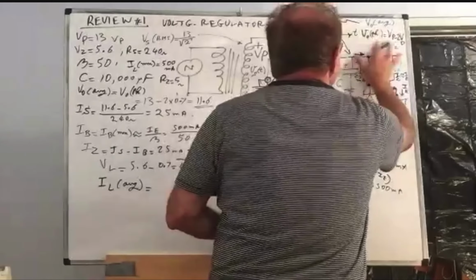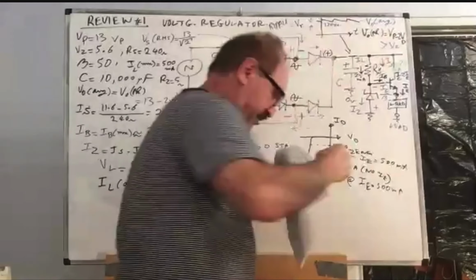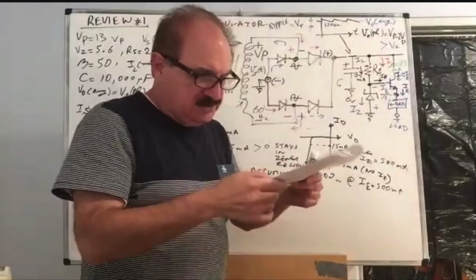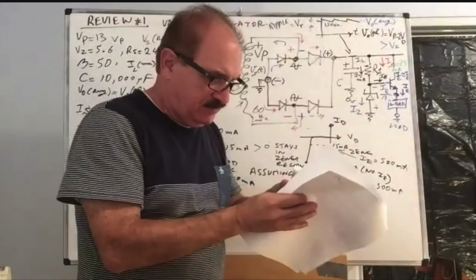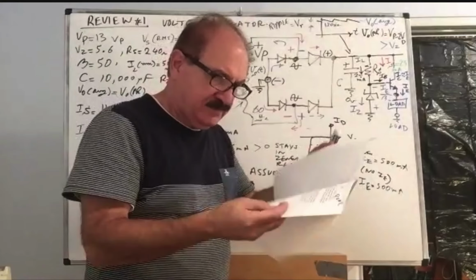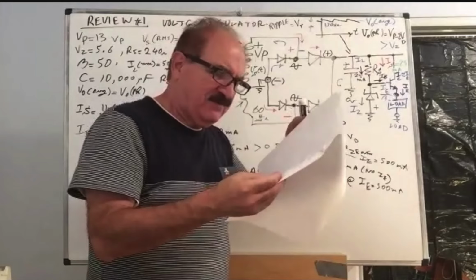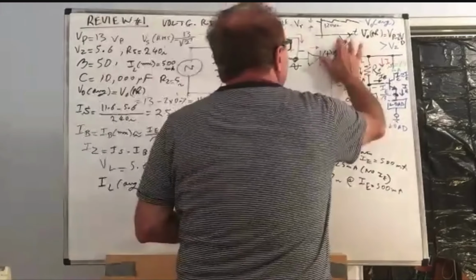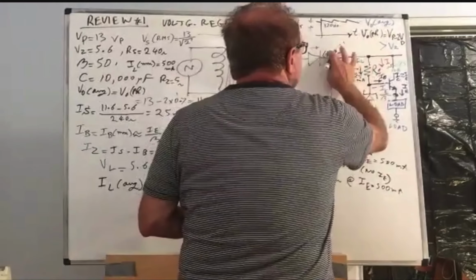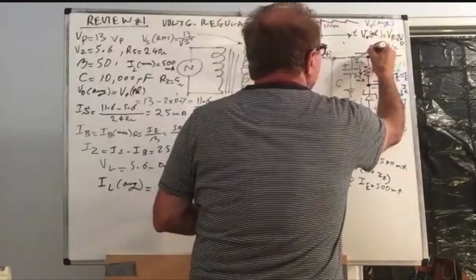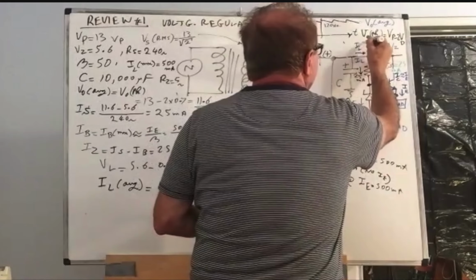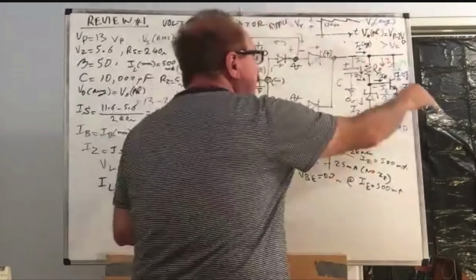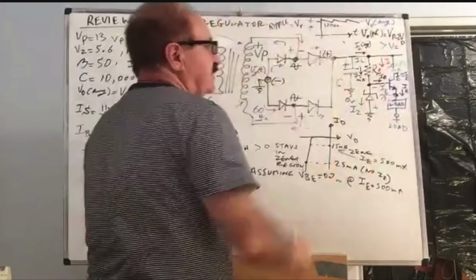Let me mark it here, so you will know what is IL. This one is IL average. The DC current that you're drawing constantly from that capacitor.